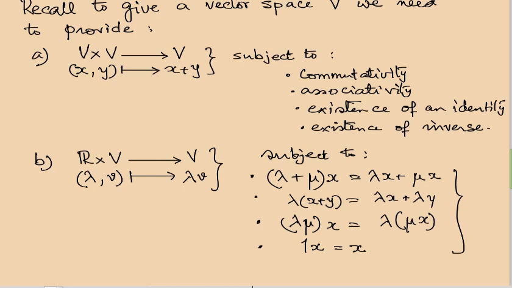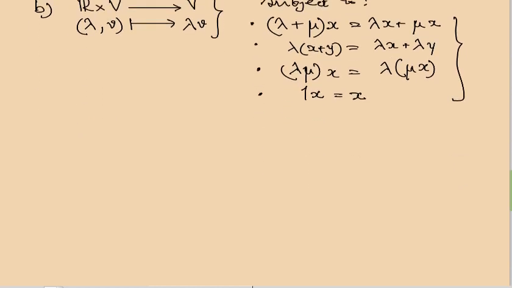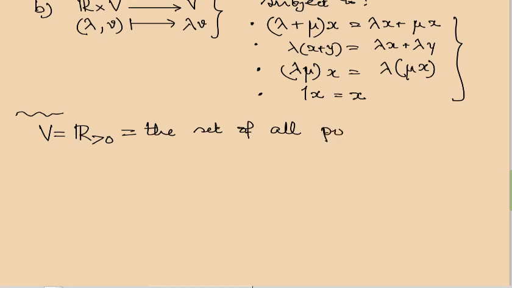Okay? So these are the properties. So now is the definition. My set V is the set of all positive real numbers. Now I need to define a binary operation.